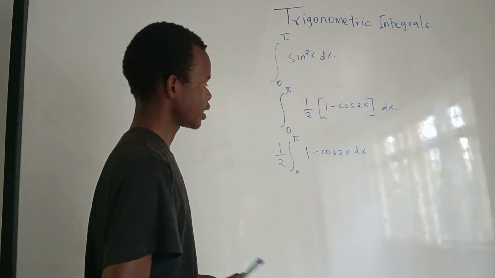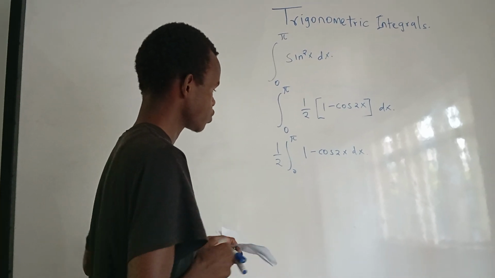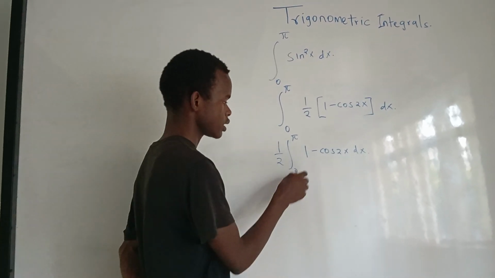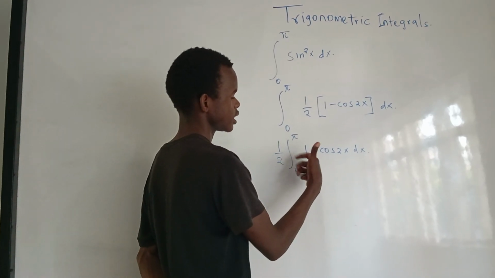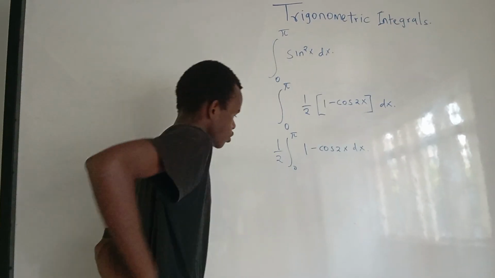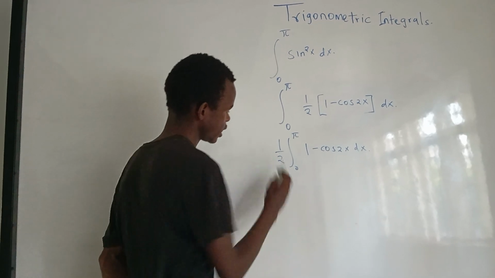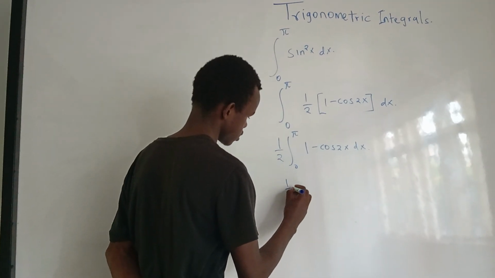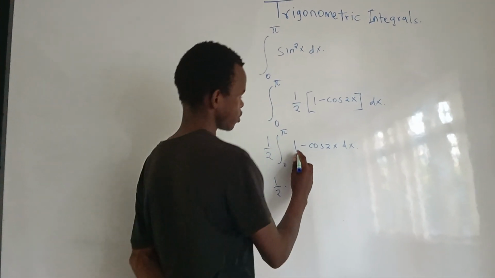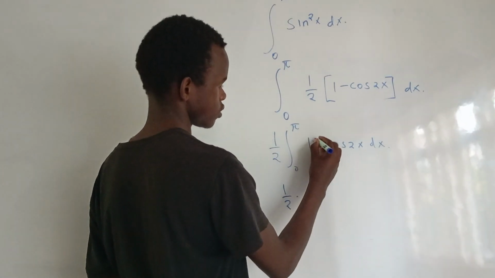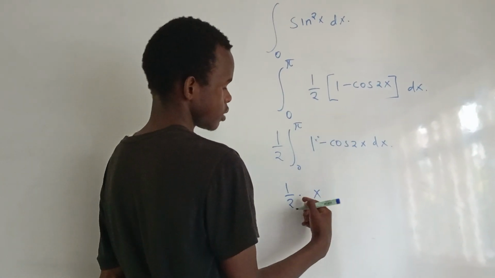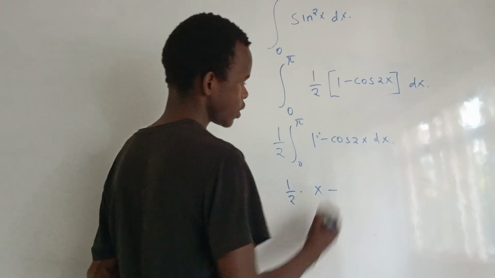This is easy, there's no need for a new substitution. I'm integrating 1 with respect to x, which is the same as x to the power 0, so I add 1 and get x. Minus, how will we integrate this?